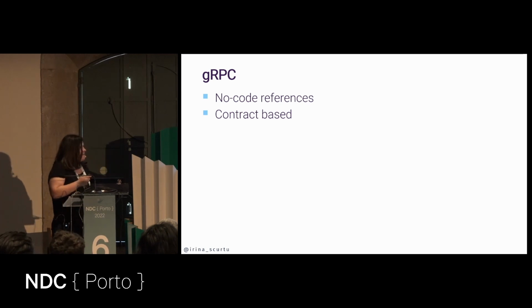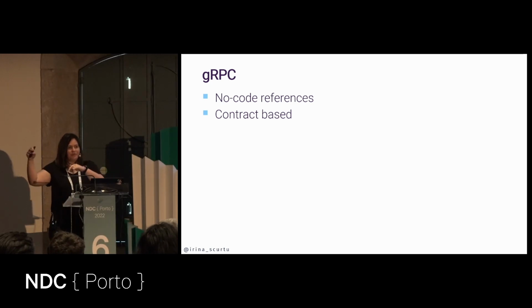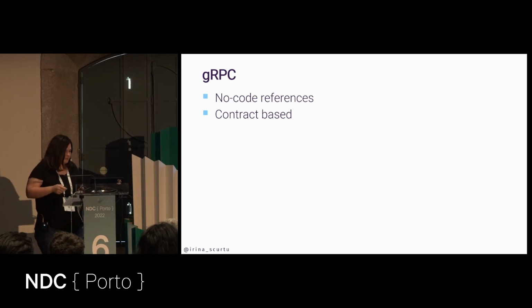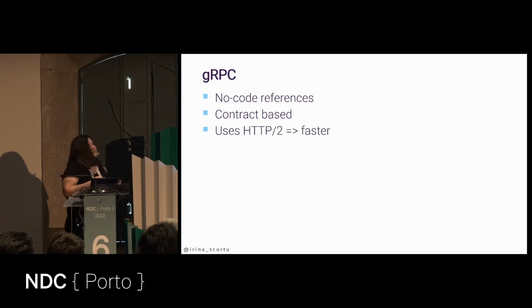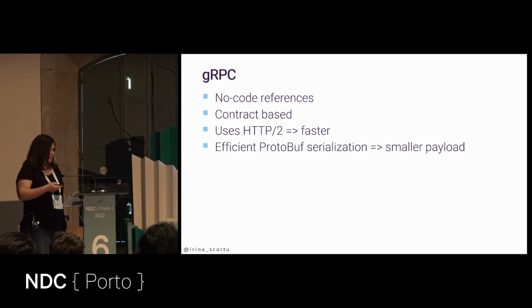But it will make you have no code references. So if you have a solution, you won't add a reference, search for that project, and so on. So no reference to separate projects. And behind the scenes, it will use HTTP2. Want it or not, HTTP2 will be used. And because of how HTTP2 is made, it's way faster.